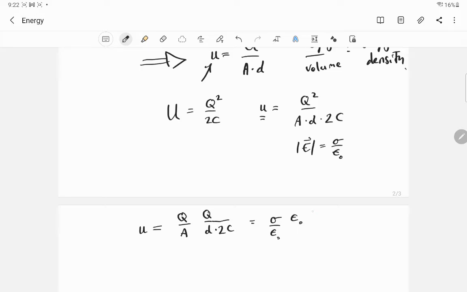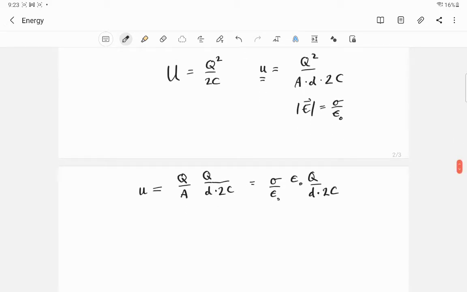I've got q over d times 2c. There's definitely a better way to do this, but I'm just messing around, and maybe you'll get something from me messing around for a second. So I really want to have this epsilon naught, so I'm going to force it to show up, but I can't ruin the equal sign.